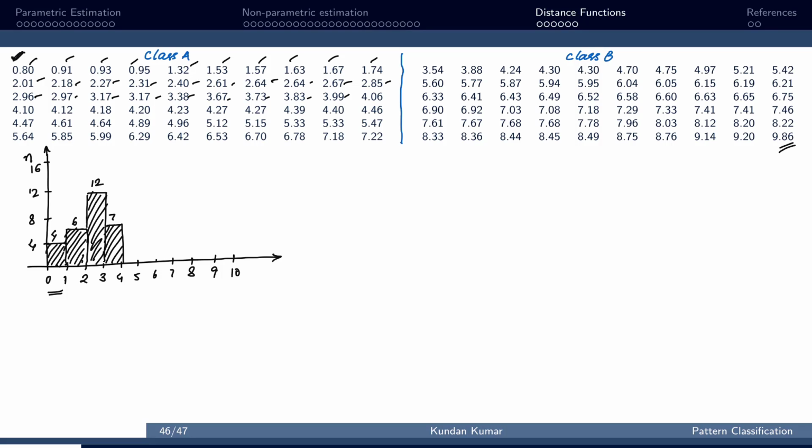Then next, between 4 to 5, 1, 2, 3, 4, 5, 6, 7, 8, 9, 10, 11, 12, 13, 14, 15, 16. So here we have 16 data samples. The number of samples in the next range is 1, 2, 3, 4, 5, 6, 7, 8. So this is 8.